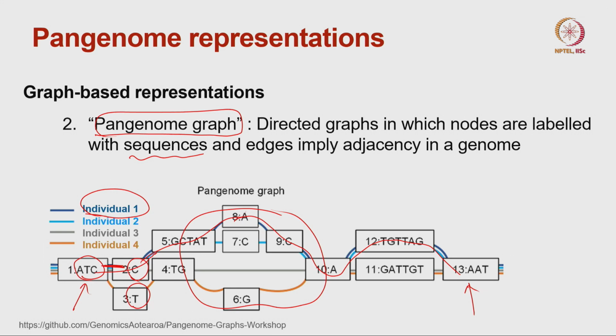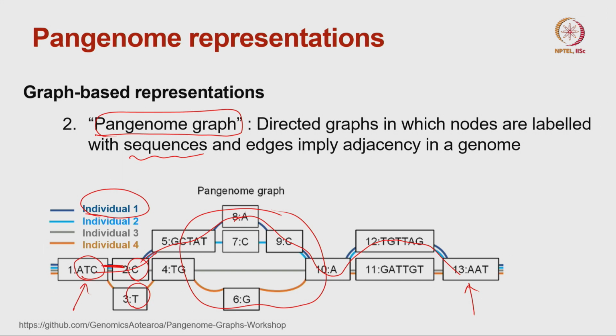So, the sequences shared among the individuals are represented using a common vertex, whereas the sequences that vary in these genome sequences are represented as alternative paths in this graph. So, this is in some way a compact representation of all the genome sequences.